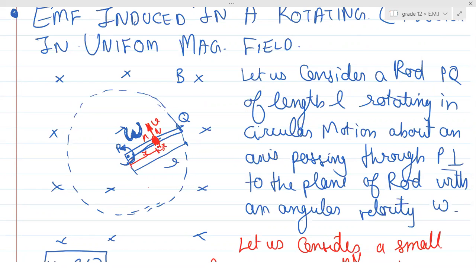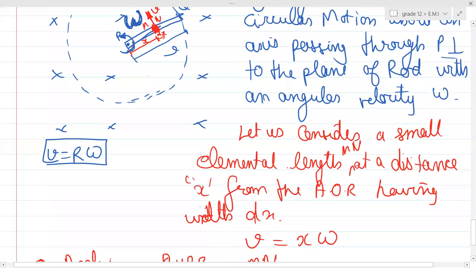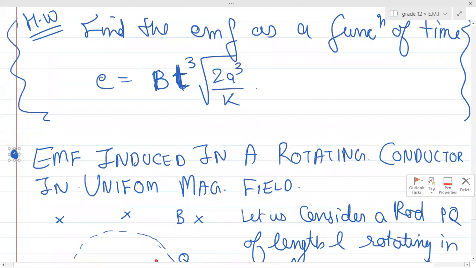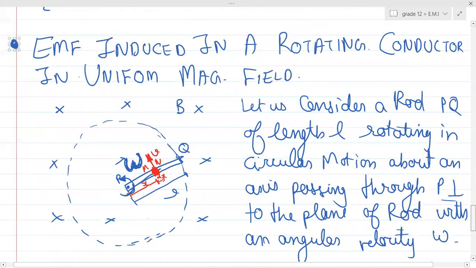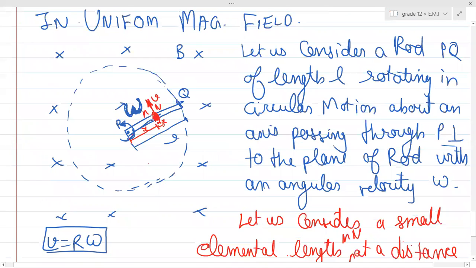Yes, Vaishnavi, please tell me which end is positive. M is the end which is lying closer to the center, or basically closer to the axis of rotation, and N is away from the axis of rotation. Can you tell me which end will be positive?